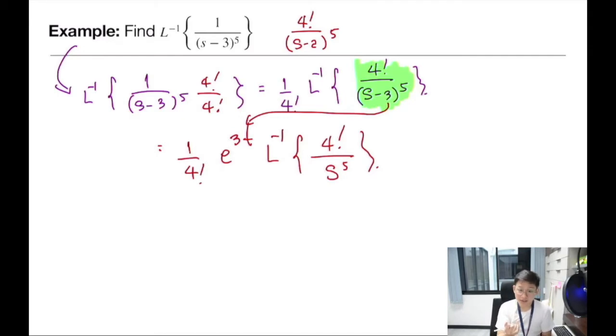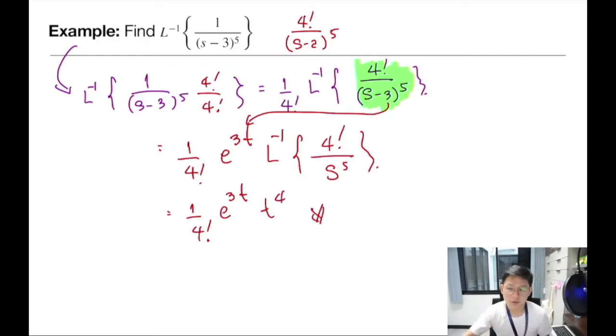So here you would have 1 over 4 factorial times e to the 3t, and then L inverse of 4 factorial divided by s to the 5. That would be t to the 4, and that's it. That is quite simple.